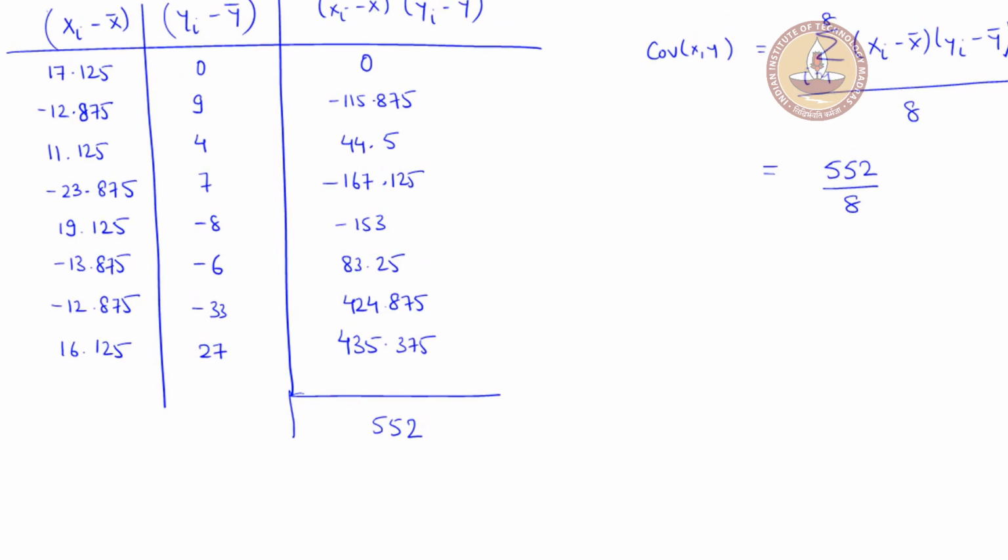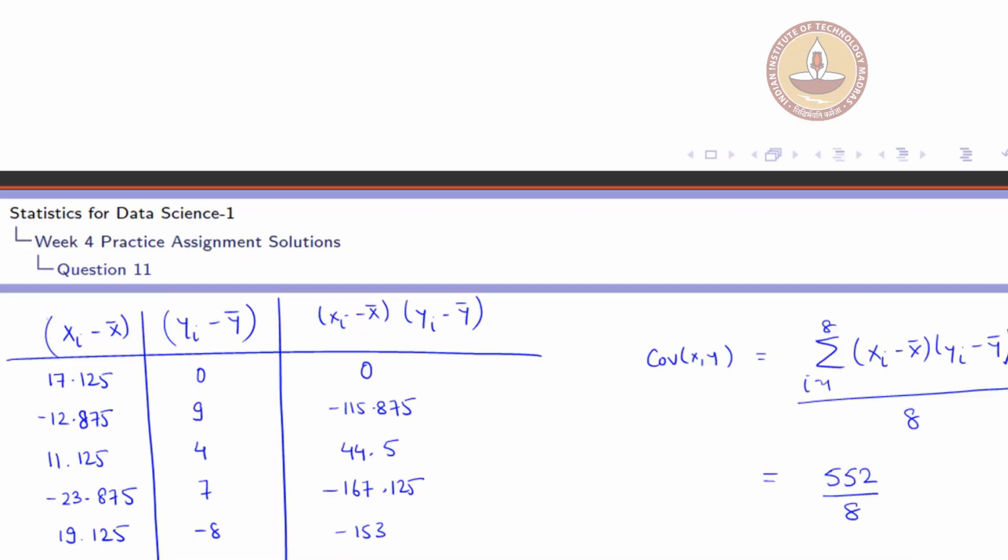Now what is the value of correlation coefficient? So the correlation coefficient R is going to be the covariance of xy divided by the product of standard deviation of x and standard deviation of y. That is 552 divided by 8 into S of x. What is S of x?